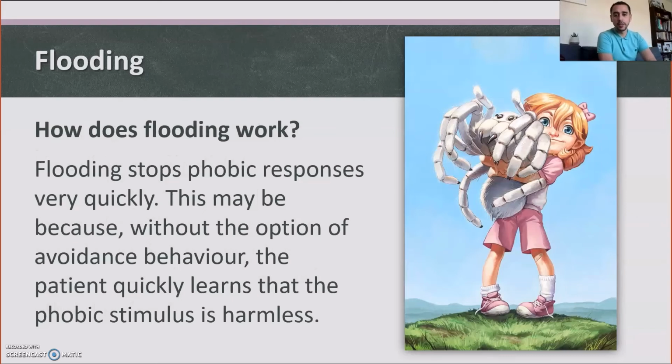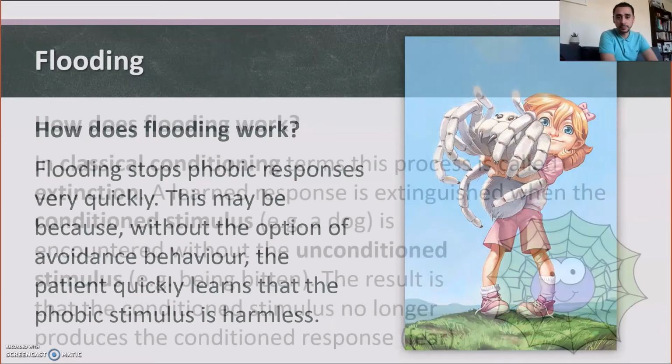How does flooding work though? Because those people that have got their phobias, they're probably thinking that sounds absolutely awful. How on earth is that going to help? Well, flooding stops phobic responses very quickly. This may be because without the option of avoidant behavior, the patient quickly learns that the phobic stimulus is harmless.